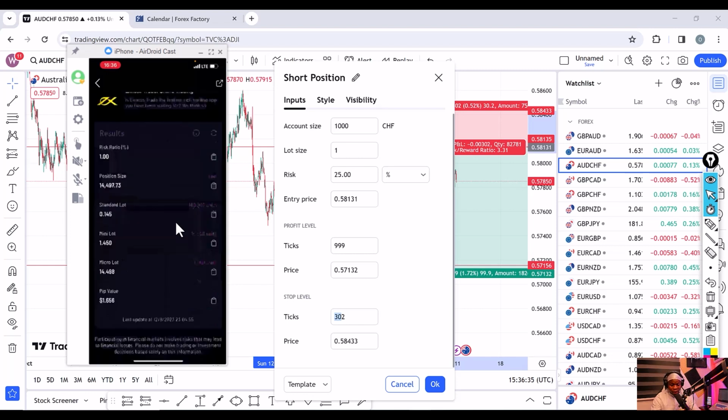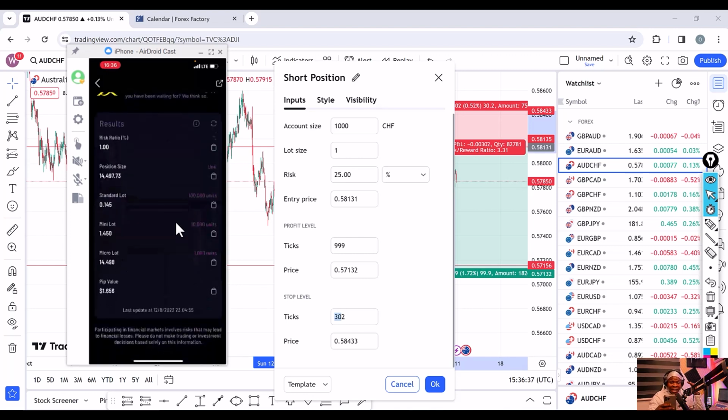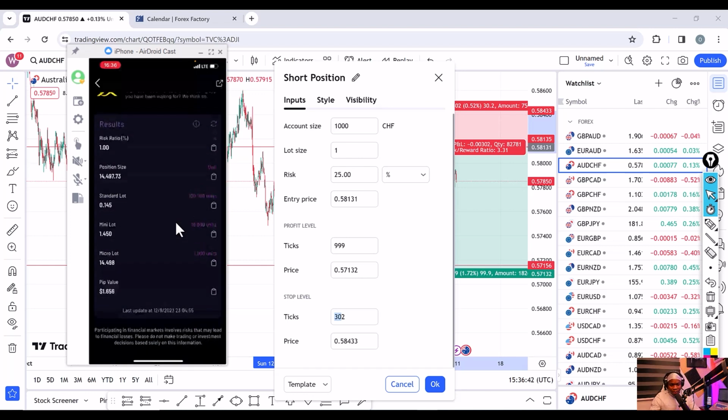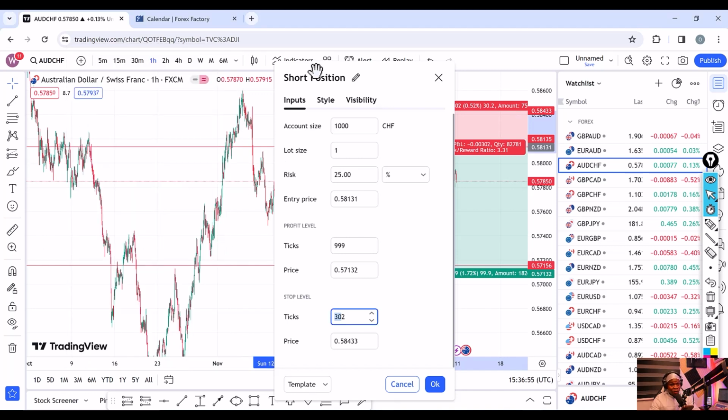So you put it in, then this app would automatically calculate the lot size to use, and it has told you 0.14. You will see standard lot, mini lot, micro lot. You go for the standard lot, which is 0.14. All right, so that's the trade for the week.